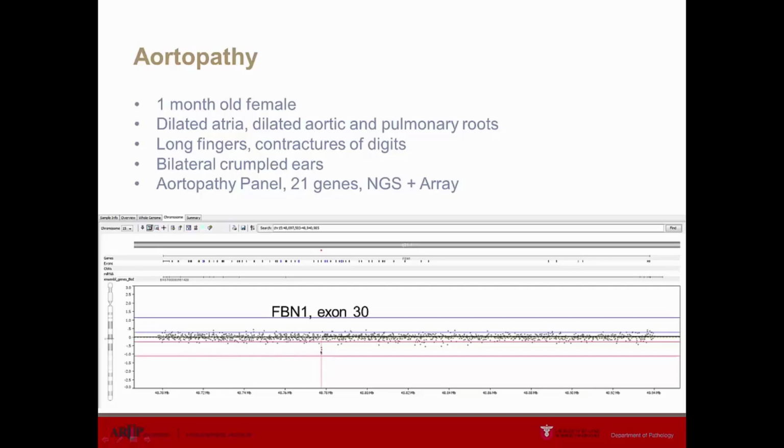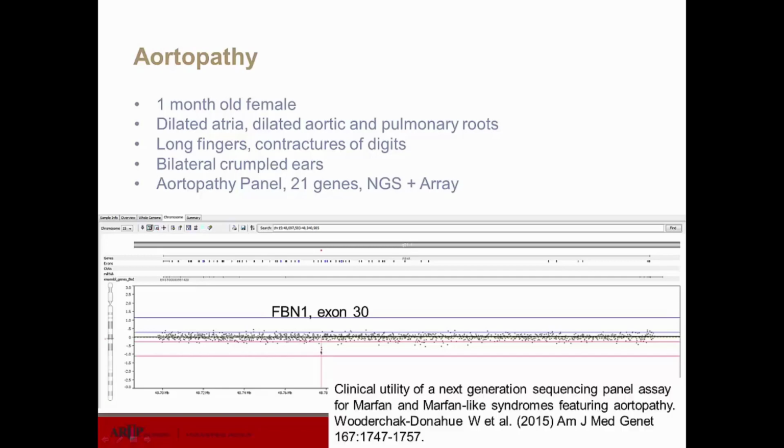It's not the smallest deletion we've seen. That would be a 124 base pair deletion, APC exon 1, but that was a validation sample with a known positive. So this is a very small deletion, clinically unknown. And this has been reported in the literature as well.